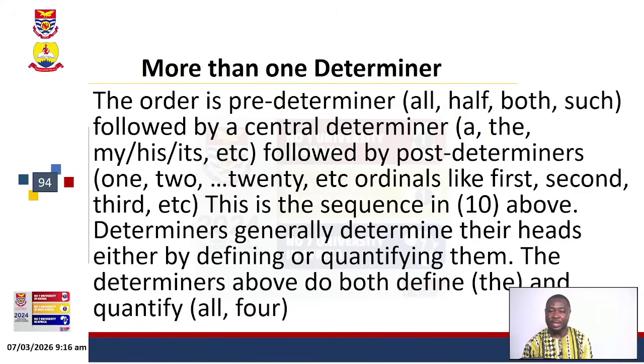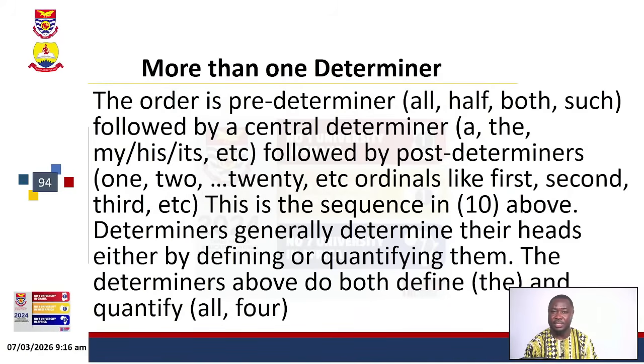The order is a predeterminer, or have both, such as all, followed by a central determiner, the, mine, his, its, etc., and then followed by the post-determiners such as one, two, twenty, etc., which are cardinals, or ordinals like first, second, third. This is the sequence that we saw in 10 above.